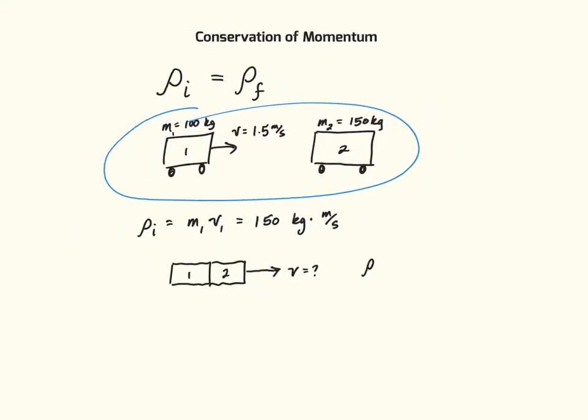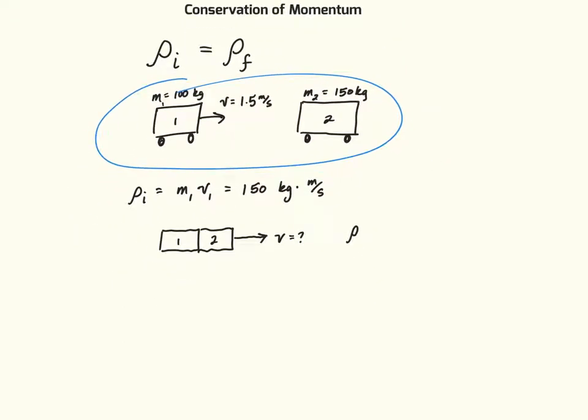We knew that initially in this system, we had an initial momentum of 150 kilograms times meter per second. We know that has to also equal our final momentum, so we can figure out the final velocity of those two carts together.